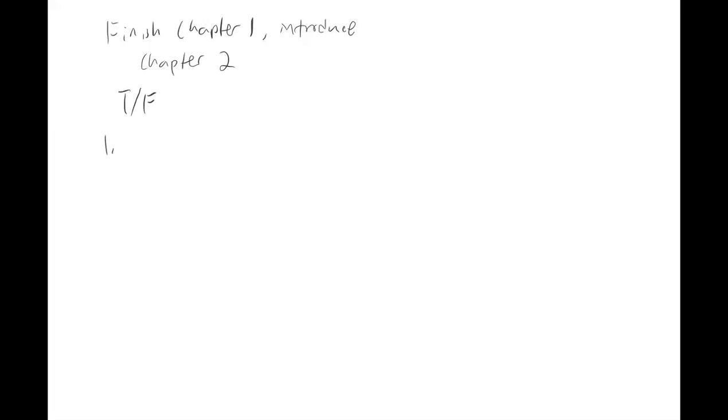So number 1, I'm taking this from the chapter review. If f is 1-to-1, then f inverse of x is 1 over f of x. Is this true or false?